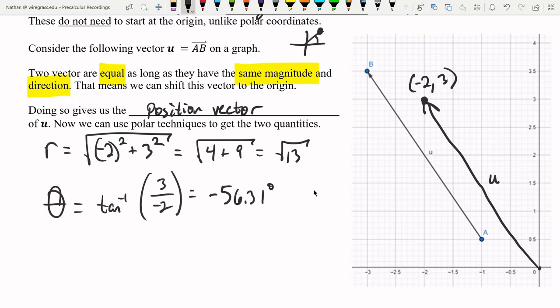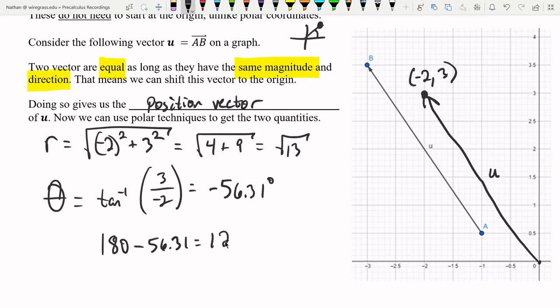Of course, this is not correct, because this is going to be in the fourth quadrant. But to fix that, all we have to do is 180 minus 56.31. That gives us 123.69 degrees. And that's the direction. We have our magnitude. That is everything we really need to know about the vector u.